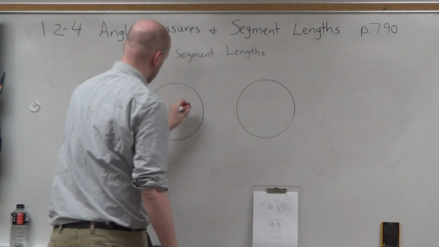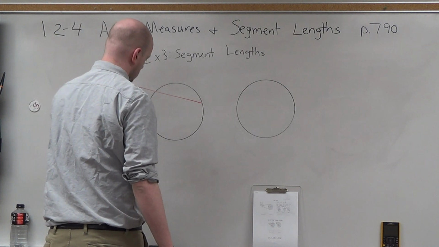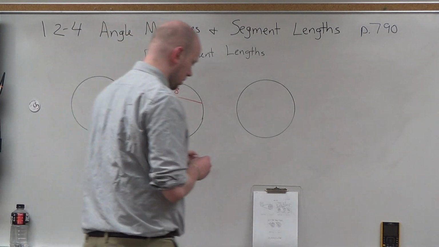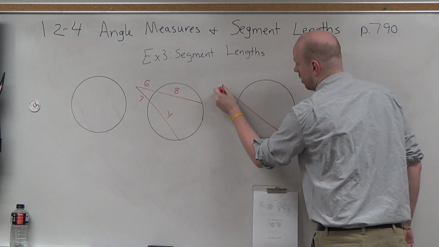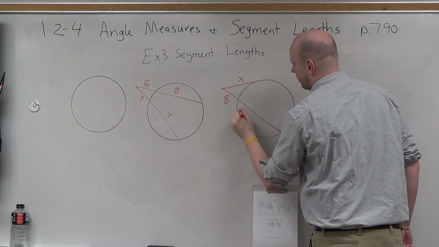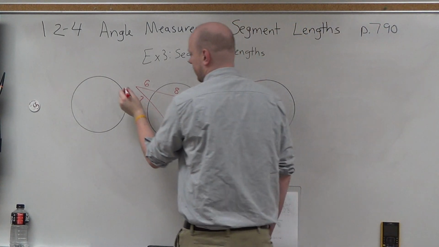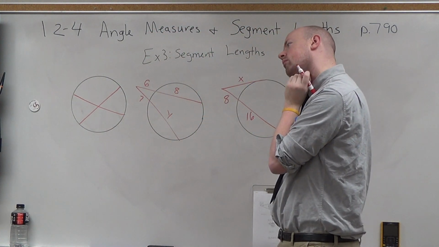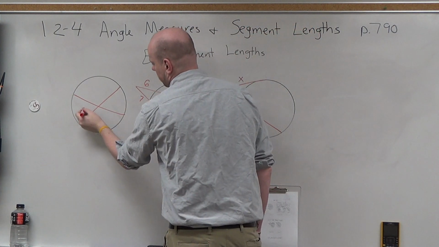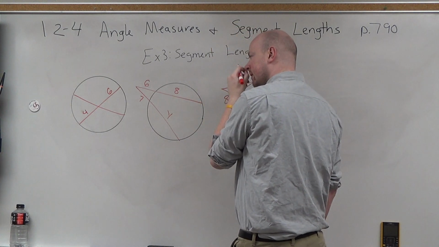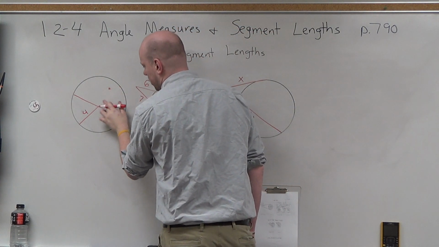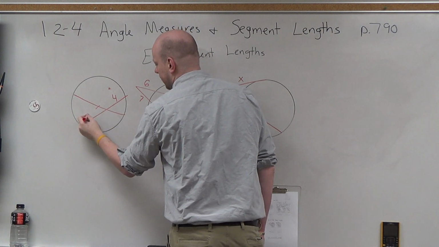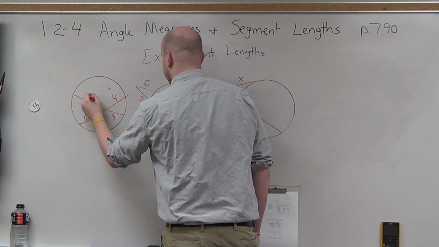Okay, so I have 6, 7, 8, and Y. X, 8, 16, and then I'm going to need to pick some values in here. 6, 3, and z.